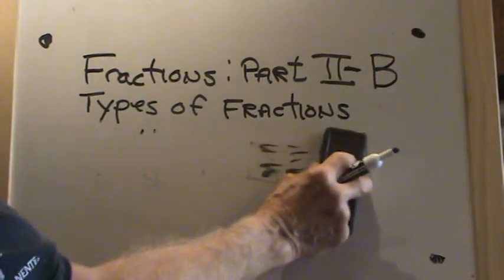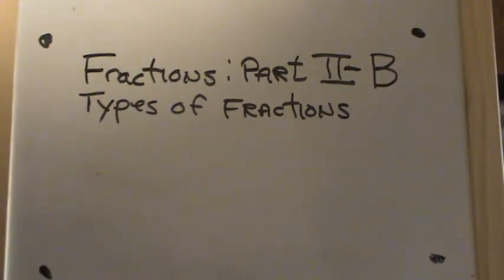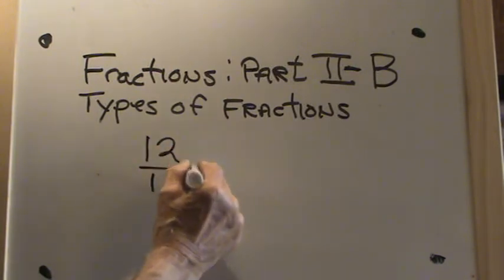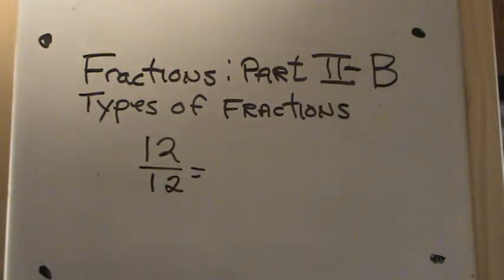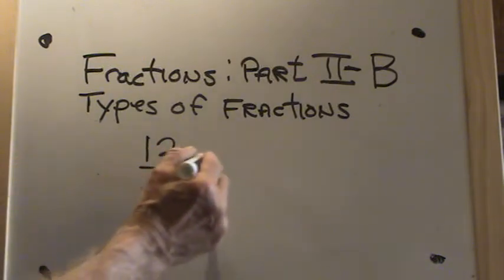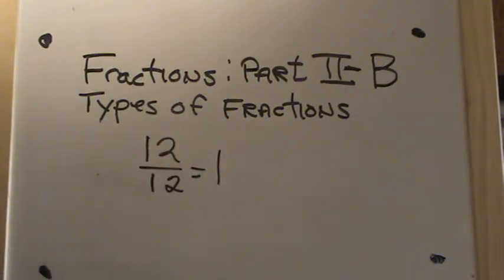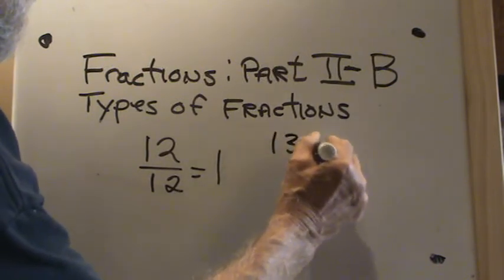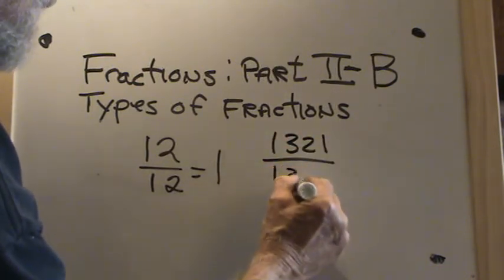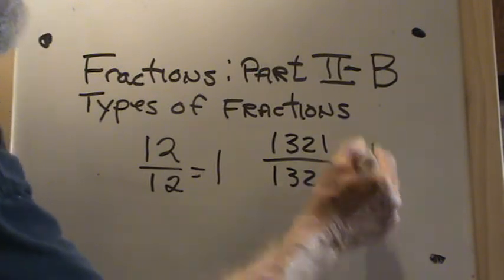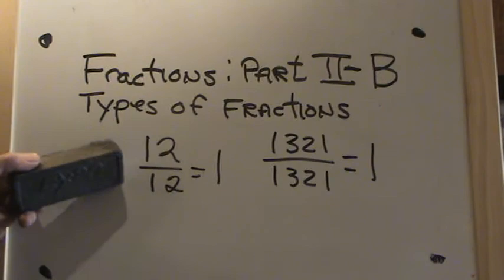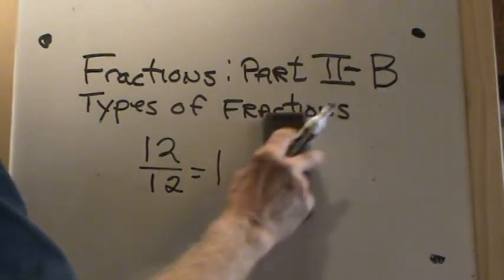So anytime you have a fraction where the numerator and denominator are exactly the same, it's always 1 whole. I could have 1,321 over 1,321. That's always equal to 1 whole. Anytime the top and bottom are the same, it's always equal to 1 whole.